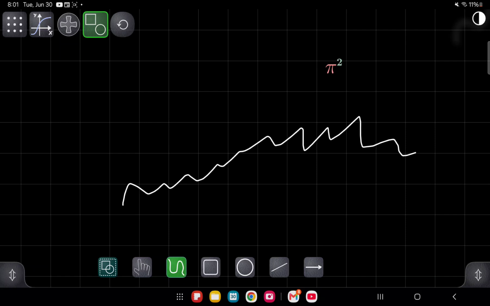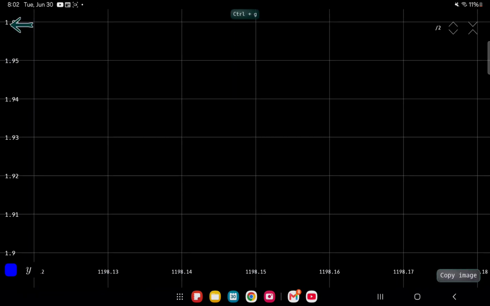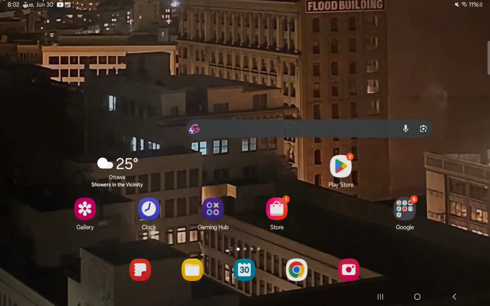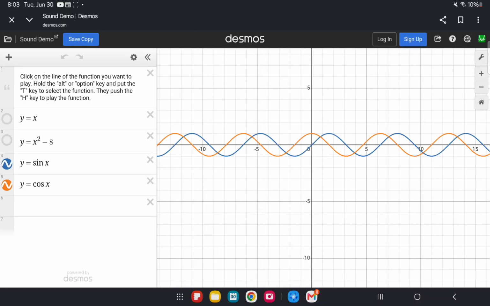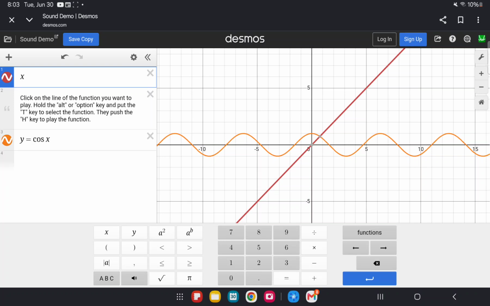Let's draw a graph. A graph function. Wait. Okay. Let's find where the play sound sign is. Expression. X. Delete this.